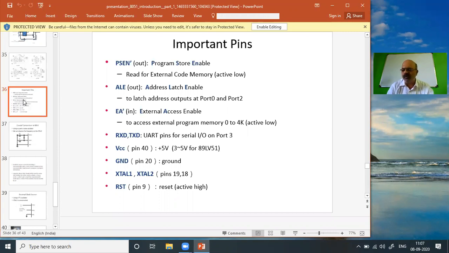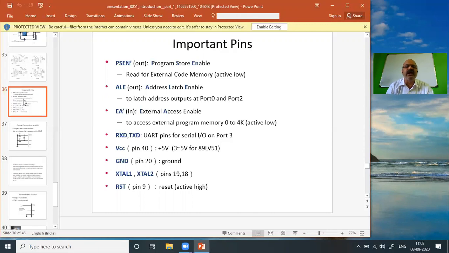So for external code memory, this signal is used. Correct? So whenever the address of your ROM is 1000 or above, this PSEN signal is going to get generated to activate the external code memory. I think this is very clear.